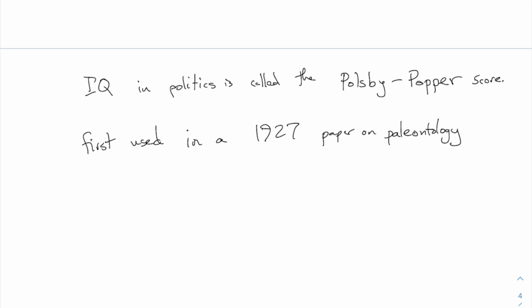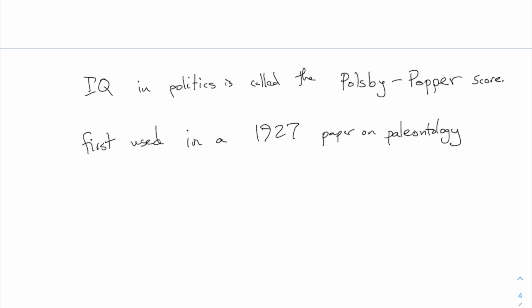Apparently, paleontologists care a lot about digging dirt, and this isoperimetric quotient was invented as a way to describe how round individual grains of sand are. So apparently, in some places you dig, the sand is very round, and some places it's got weird shapes to it. And they used this isoperimetric quotient to describe shapes of grains of sand, which I guess paleontologists care about. Anyway, it's used to measure how weird a shape is. All right.